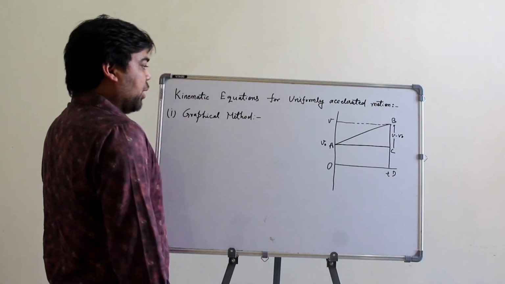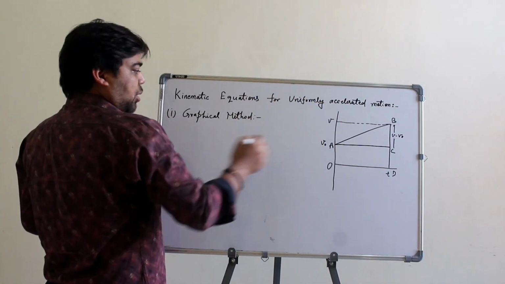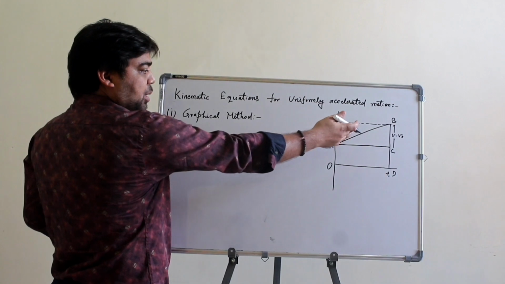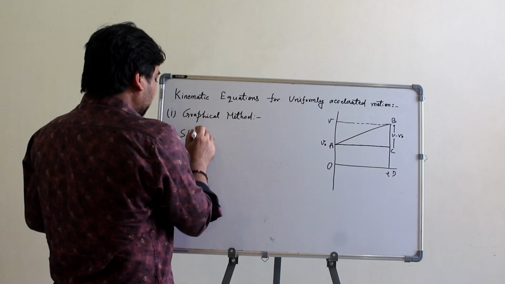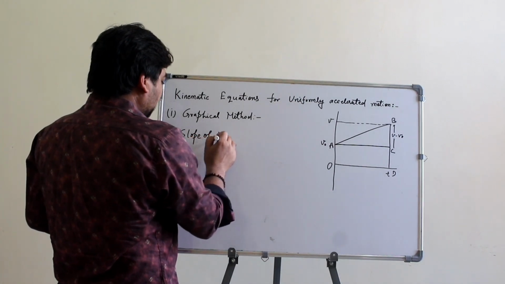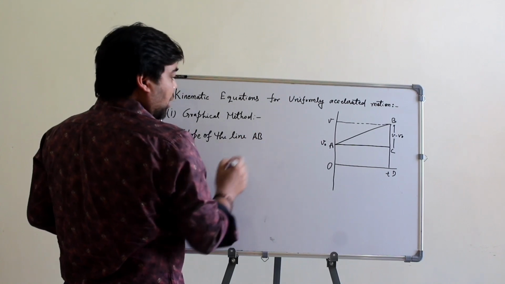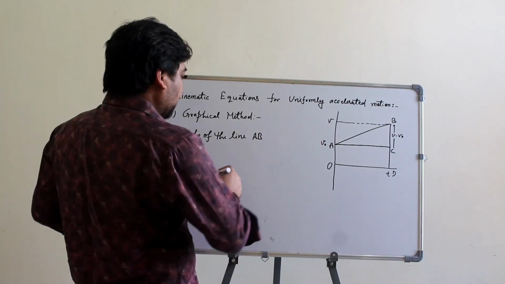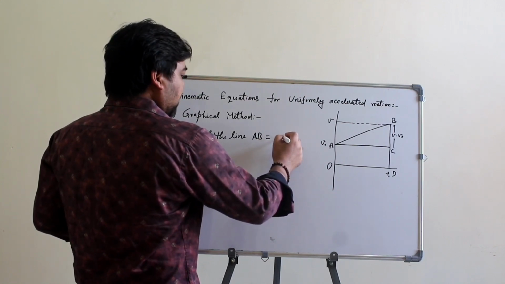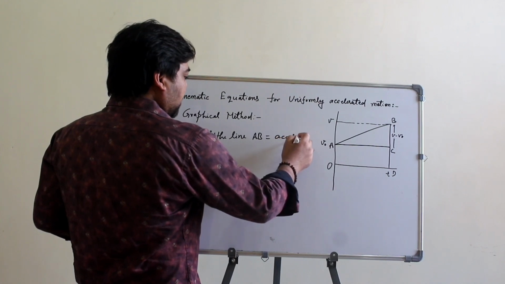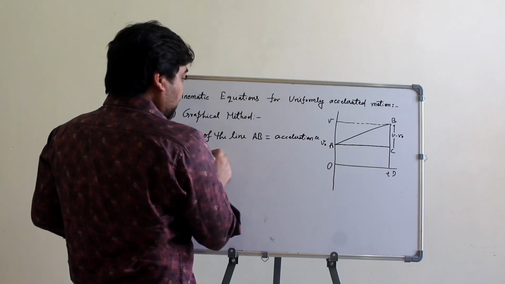So let us calculate it. First we will use the graphical method. Using it, let us calculate the slope of the line AB. The slope of AB is nothing but the acceleration, right? Acceleration A is equal to how much?